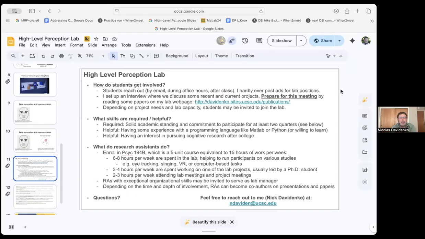PsyDs are more clinically focused, so maybe it's more about what kind of clinician you want to be trained to become, not so much about which specific professor, although that might be a factor. So I wouldn't necessarily be the best person to tell you about the PsyD process. I'm mostly expert in the PhD side of things.